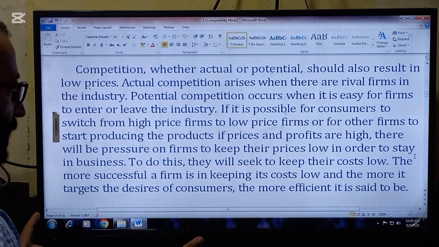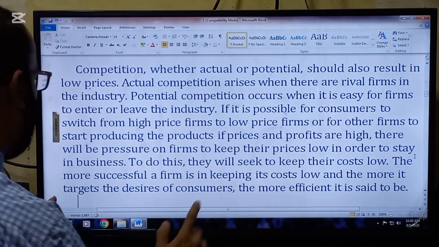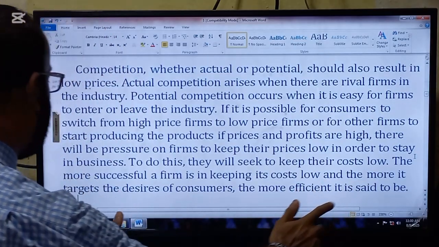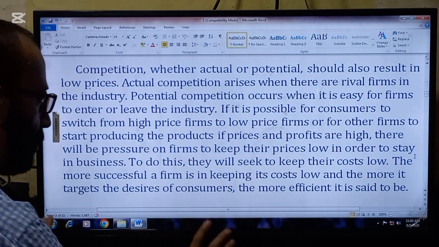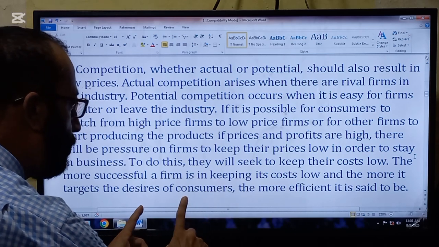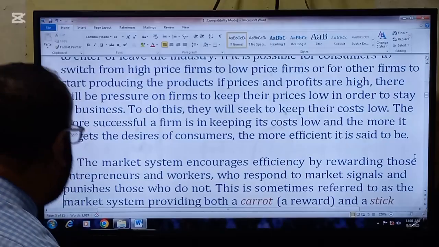So there are two things to be efficient in the industry. Number one, to keep the cost as low as possible, and number two, to target the desires of the consumers. If a firm is successful in targeting these two things, the firm will be efficient in the industry.